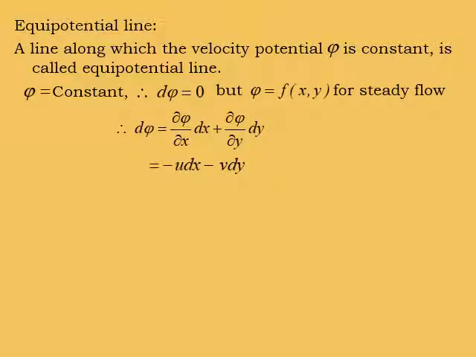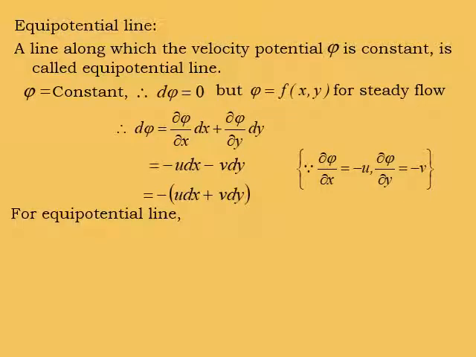dφ is equal to ∂φ/∂x into dx plus ∂φ/∂y into dy. Therefore, minus u into dx minus v into dy, because ∂φ/∂x is equal to minus u and ∂φ/∂y is equal to minus v. If the negative sign is taken common outside, then u into dx plus v into dy. So for an equipotential line, dφ is equal to 0.